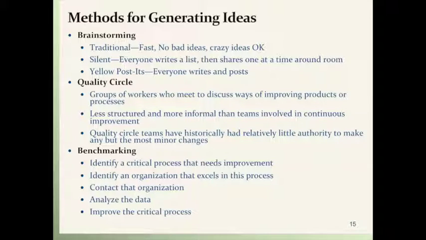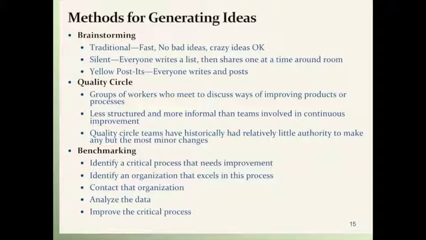Quality circles. A quality circle is a group of workers who meet to discuss ways of improving products or processes. It's less structured and less formal than teams involved in continuous improvement. Quality circles have historically had relatively little authority, and it's really only for minor changes.